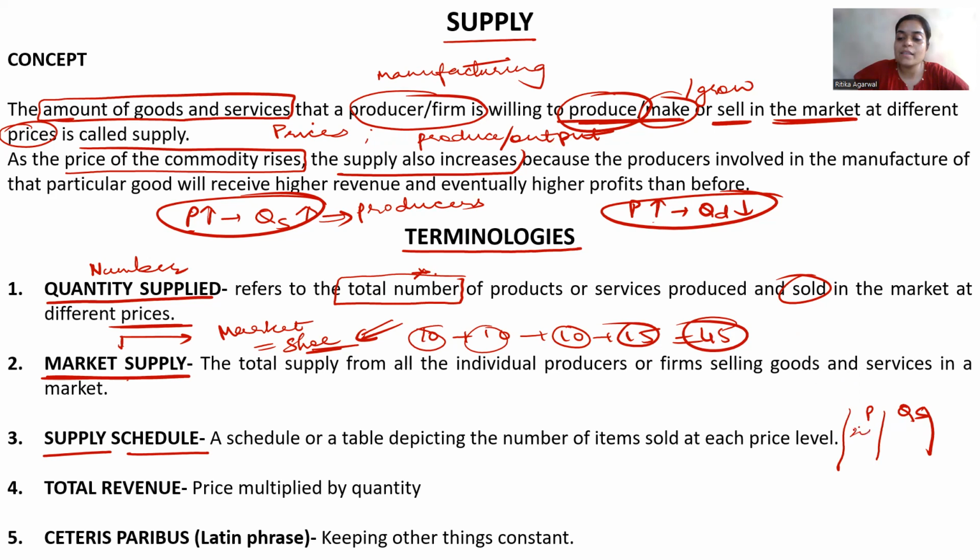So at different prices, there will be different quantities of commodities supplied or sold in the market. Suppose 50, 60, 70. Every time the price increases from 20 to 25, 25 to 30, quantity supplied will also increase. So this is the relationship between price and quantity supplied when supply is concerned.